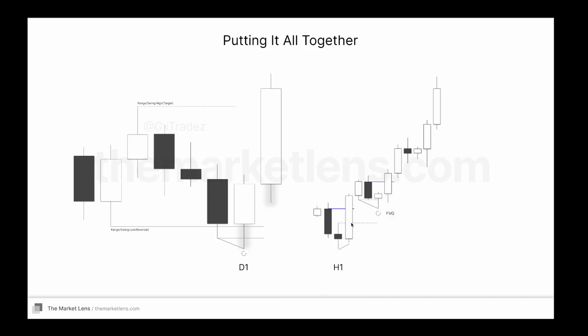Now, when we displace away, right, we're going to create a gap, right? This is where we want to look for continuations, right? This is the highest probable continuation model, right? Is after a fair value gap is created from your true reversal, right? So here's where we can look for another swing point. Right, so here you get that 2-stage SMT, and we can look for continuations beyond that, right?